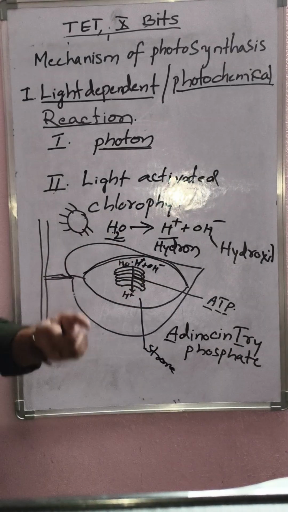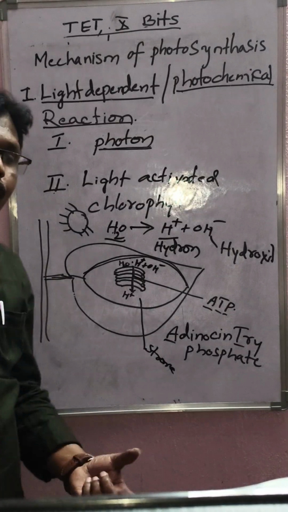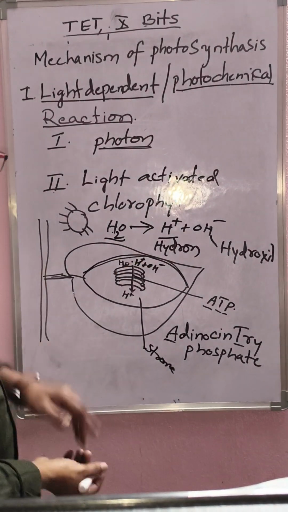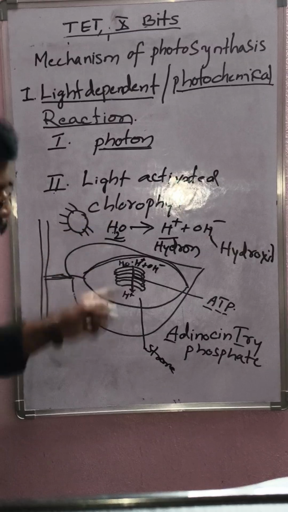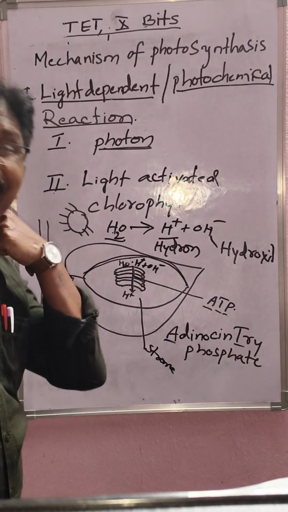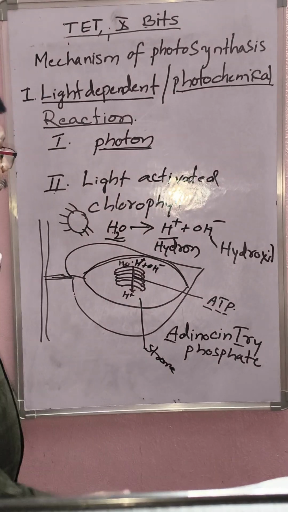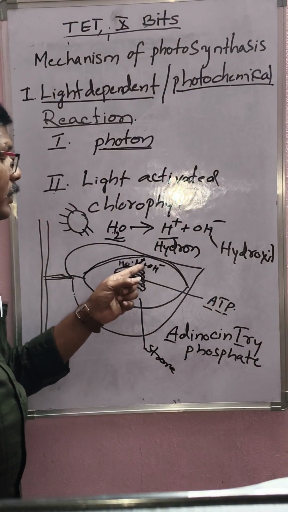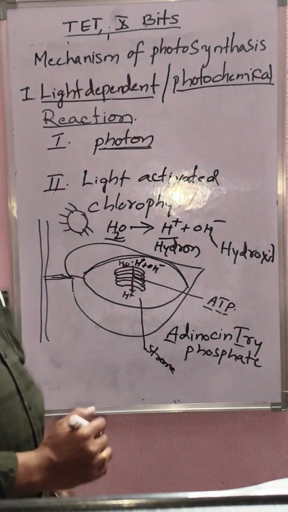Adenosine triphosphate will form. How? When the water molecule is split by the light activated chlorophyll molecule, it is converted into H plus and OH minus.